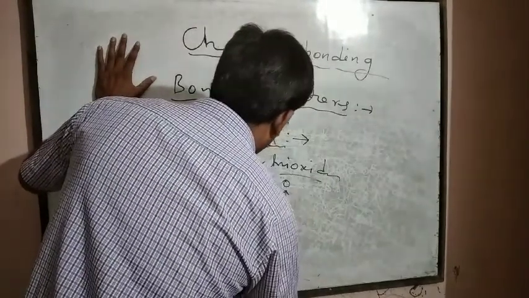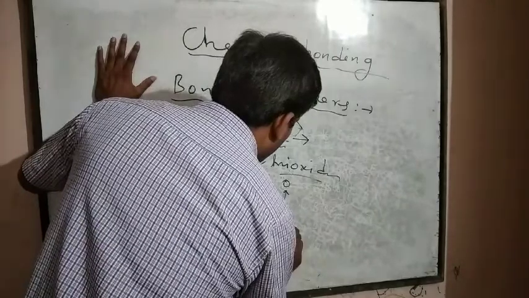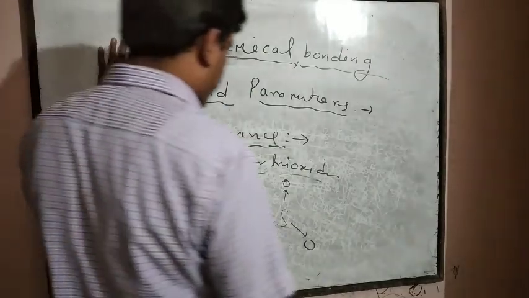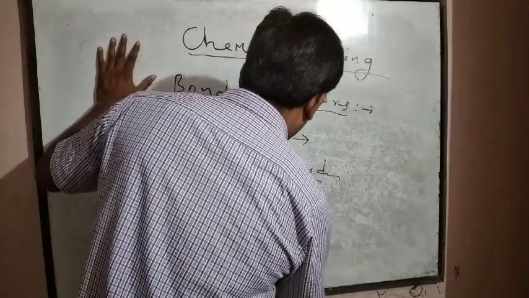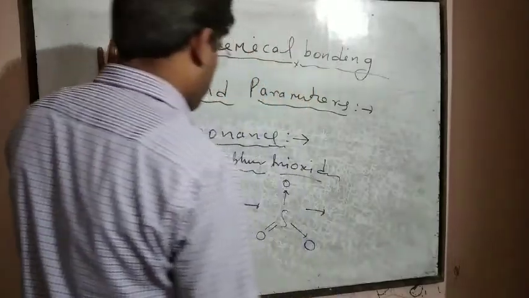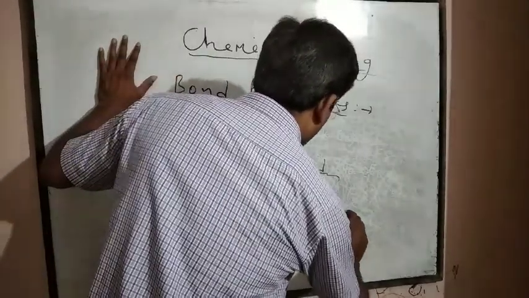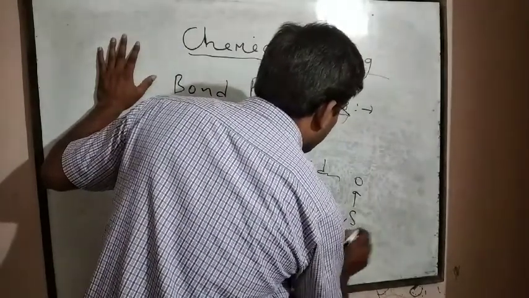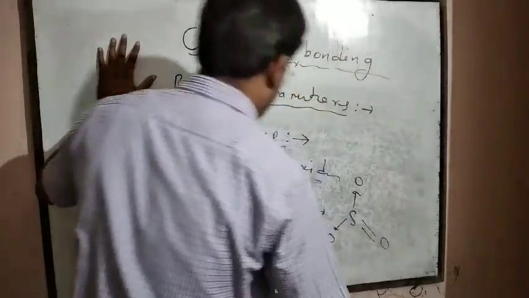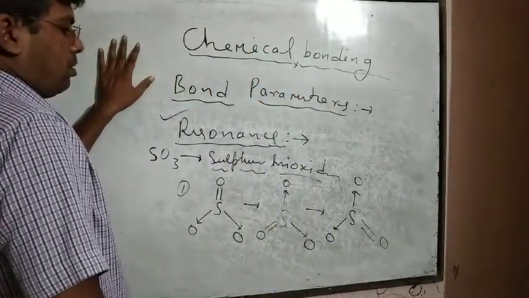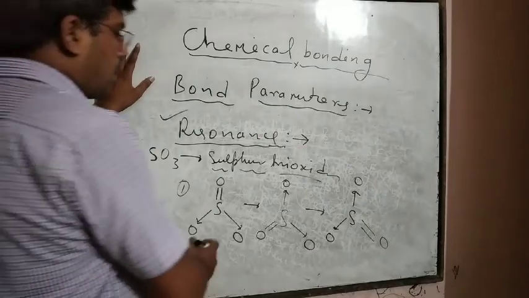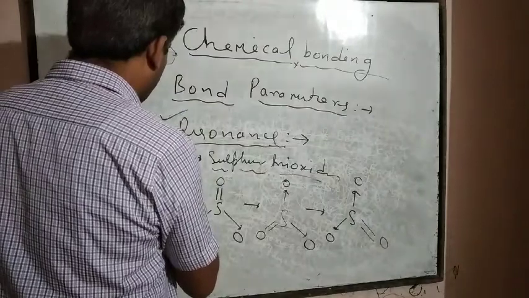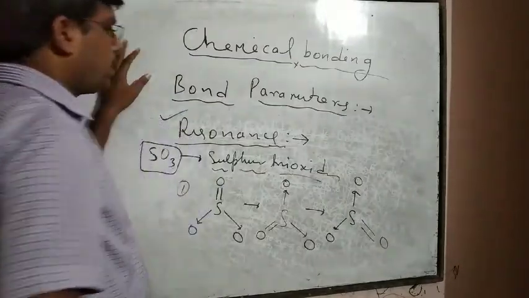One oxygen has a double bond, and the double bond will move, sulfur with one coordinate linkage, double bond O. So these are the resonating structures of sulfur trioxide.